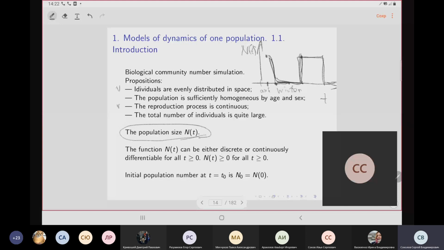So for insect populations, we use another type of model where we fix only springs, for example, and we consider spring number 1, spring number 2, spring number 4, and so on. So we have to use difference models.